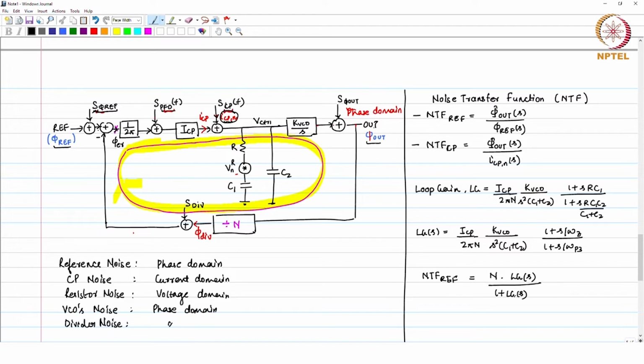In general, you know that for a given control loop, let me just define that.